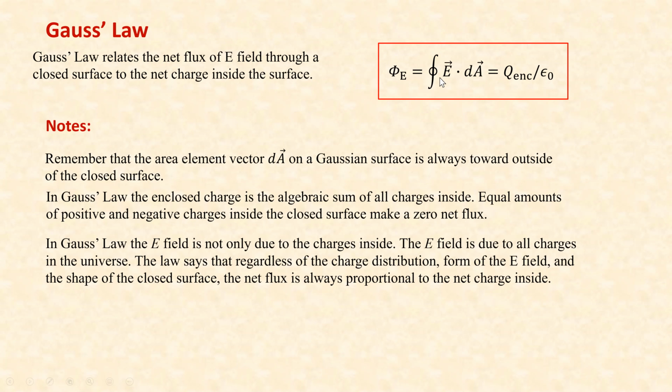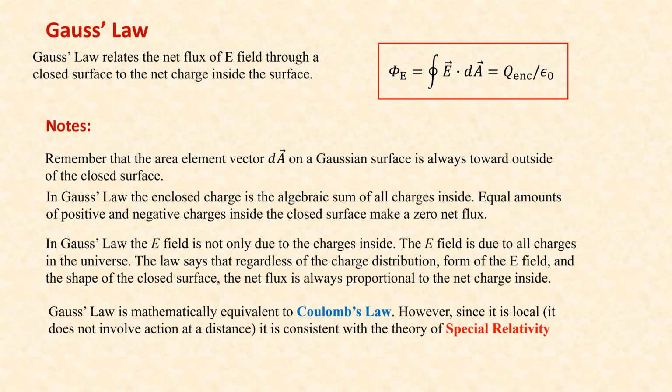No, this electric field is from all the charges, whether they are inside or outside. But the total flux only is proportional to what is inside. All right? Like in the example that you just saw, there was some electric field that are created from charges outside, but there was no charges inside that cylinder.